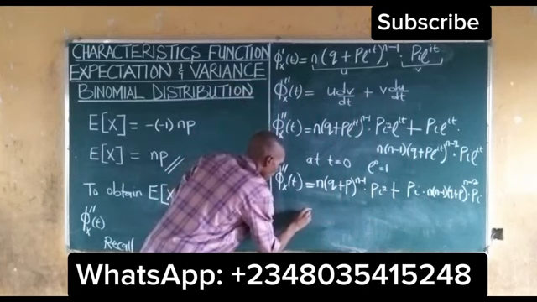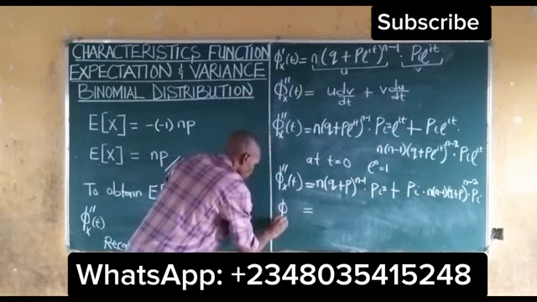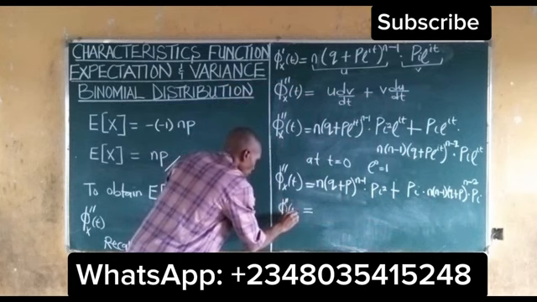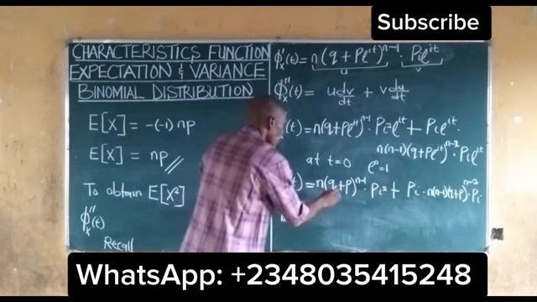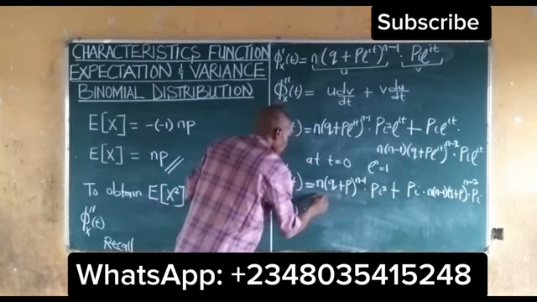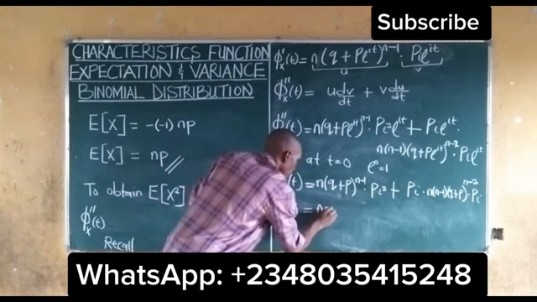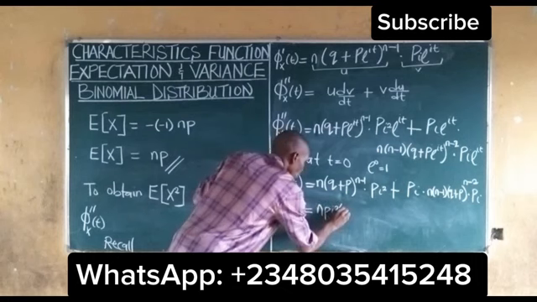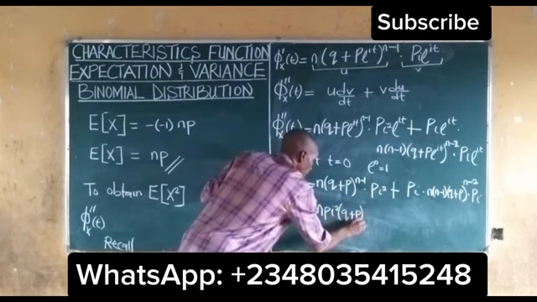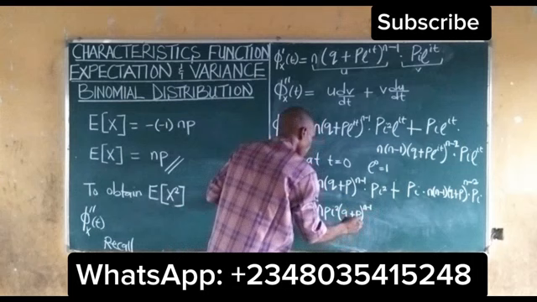It then means that our characteristic function for the second derivative is equal to, we bring this here to give us n p i squared into (q + p) raised to the power of n minus 1.